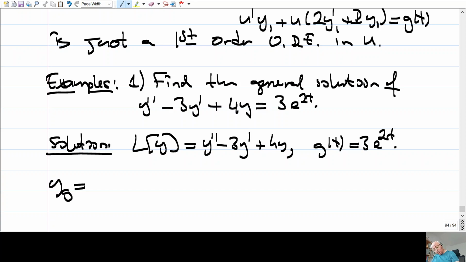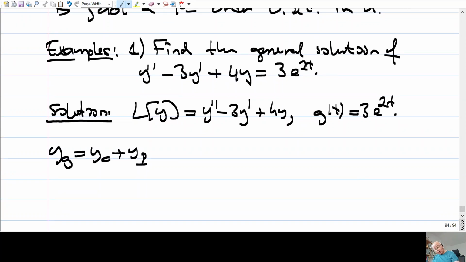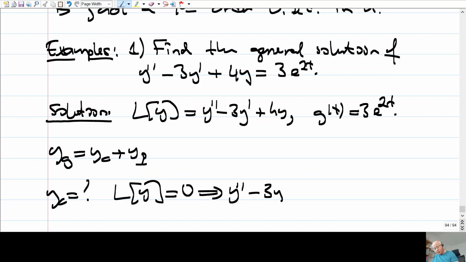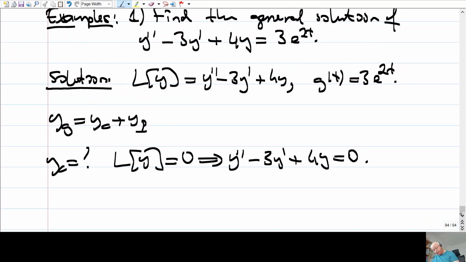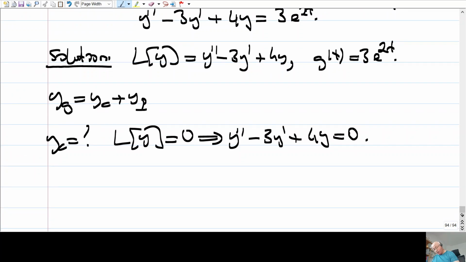The general solution has two parts, complementary plus particular. What is the complementary solution? Well, that is the solution of the homogeneous equation, y double prime minus 3y prime plus 4y equals 0. This is easy to solve because it is a constant coefficient homogeneous ordinary differential equation.